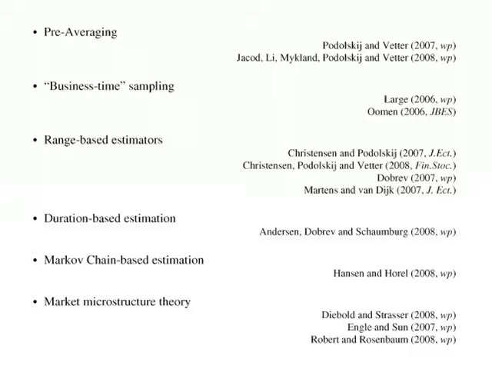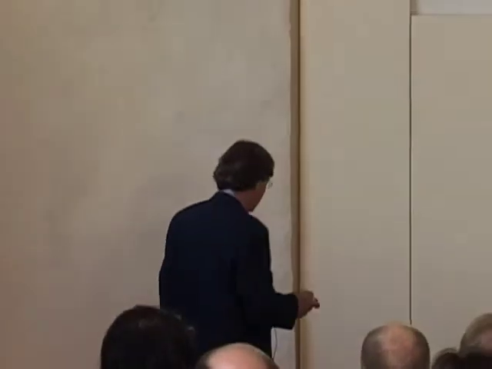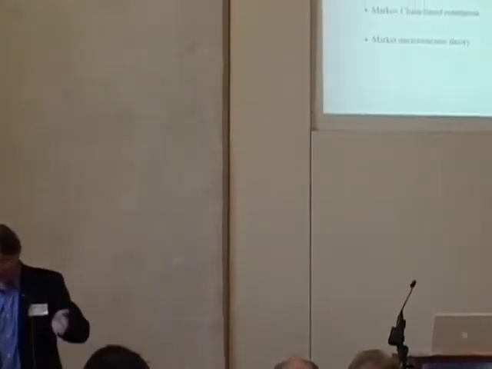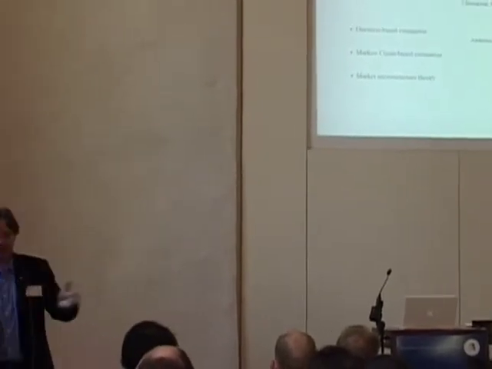There are lots and lots of other ways of thinking about that. Rowell, who's here someplace, I can't see him, has argued that sampling in business time is probably a better way of going. Okay. People used range-based estimators. Torben at the conference is going to talk about a paper where he argues that there exists this duality between volatility and times between trades.